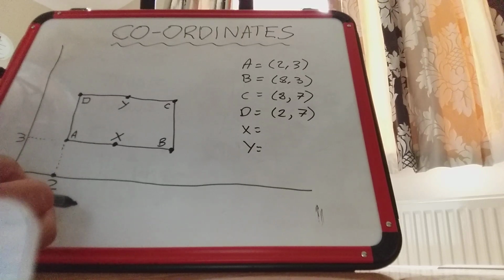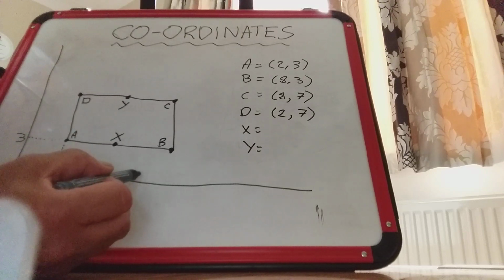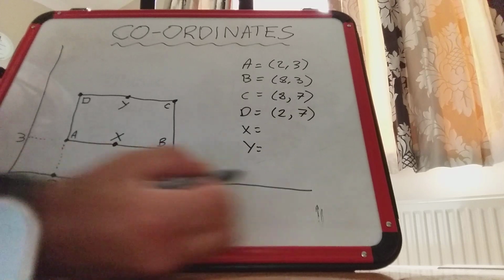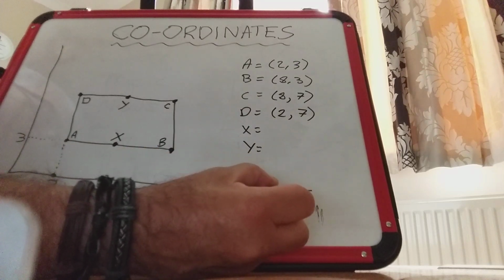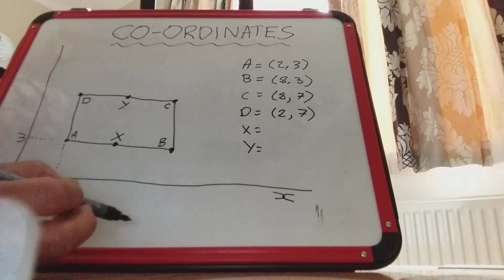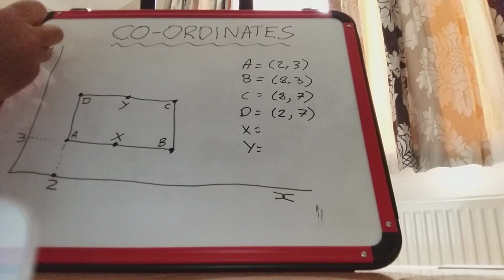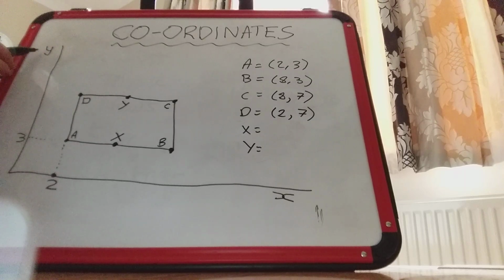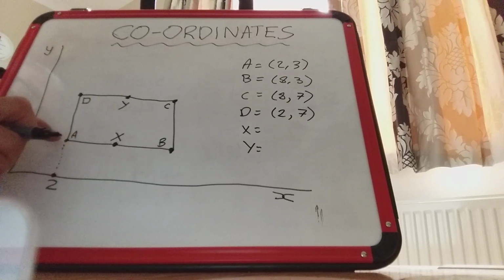Sometimes people say you go along the corridor and then up the stairs. Sometimes people say you do the x-axis first, and we always do a curly x so it doesn't look like multiplication, and then you do the y-axis just there. Whichever way you do it, just remember you go along and then up.